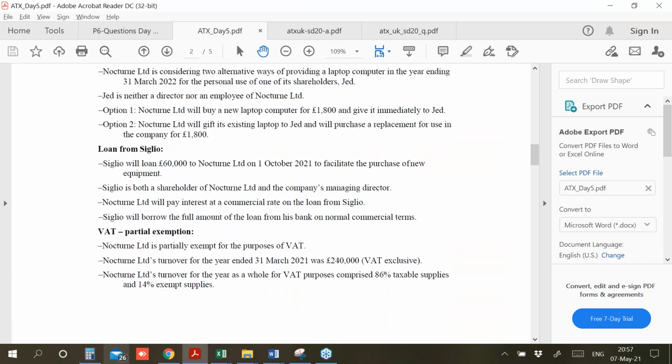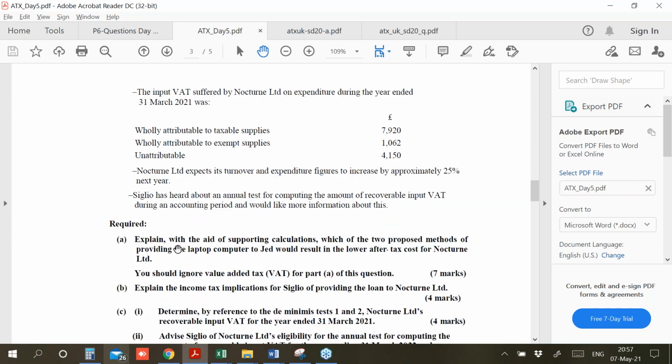Now let's read the requirement again, what has been asked. Explain with the aid of supporting calculation which of the two proposed methods of providing the laptop would result in lower after tax cost. So whatever the tax savings are, I have to deduct them and then tell which one will result in lower after tax cost for Nocturne Limited.